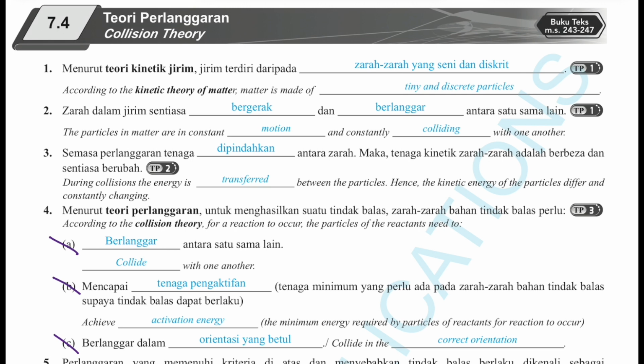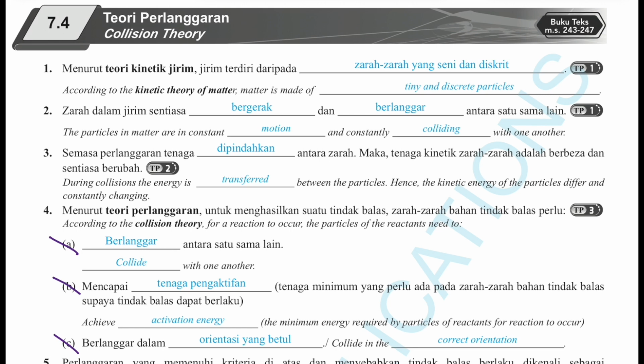During collision, the energy is transferred between the particles. Hence, the kinetic energy of the particles differ and constantly changing. Jadi semasa pelanggaran tu, tenaga akan dipindahkan ya, antara zarah. Jadi tenaga kinetik zarah berbeza dan sentiasa berubah. Bergantung kepada collision yang berlaku. Kalau lebih banyak collision terjadi, maknanya kinetic energy lebih banyak akan dipindahkan. Kinetic energy bertambah.